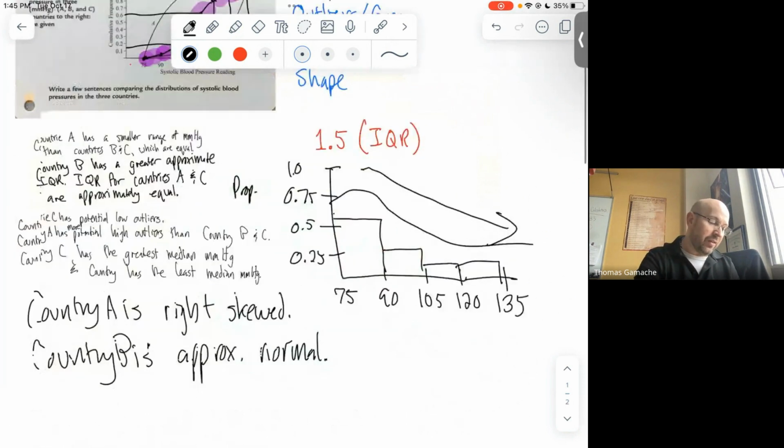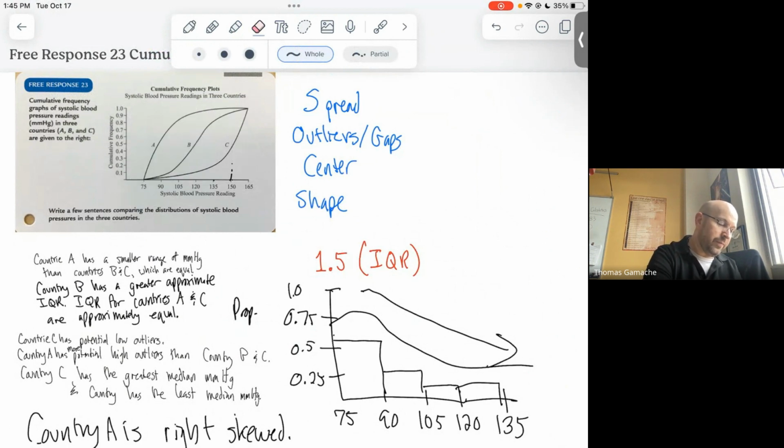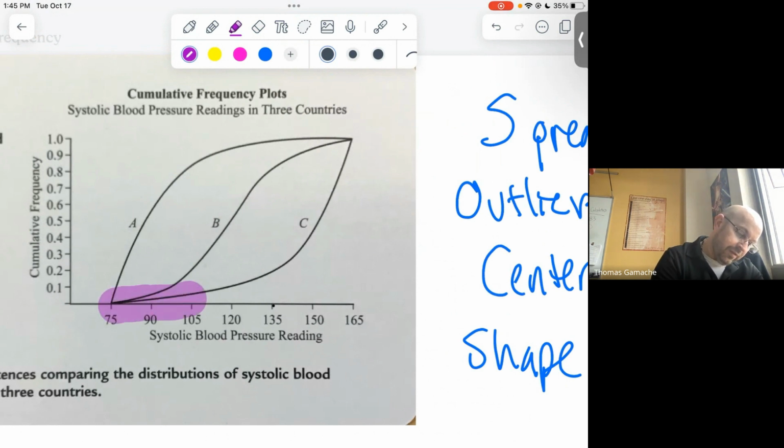Now, last but not least, let's take a look at C. Let's take a look at C's growth here. I'm already seeing very shallow growth here from 75 to about 135.